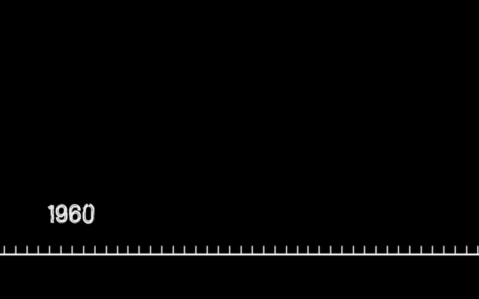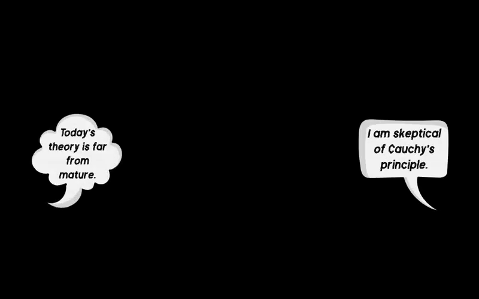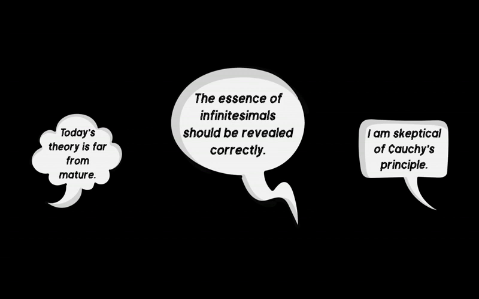Later, Robinson tried to return to Leibniz's thinking and created non-standard analysis, which sparked a new wave of research. However, these theories are far from mature to reveal the essence of infinitesimals and provide new methods for practice. Until now, there are still many people who are skeptical of Cauchy's calculus principle, and attempt to explore the essence of infinitesimals.